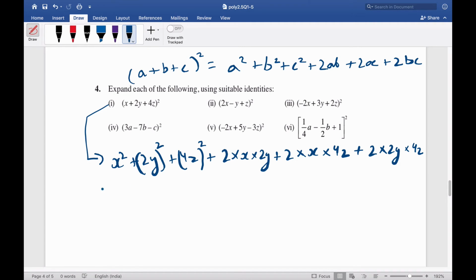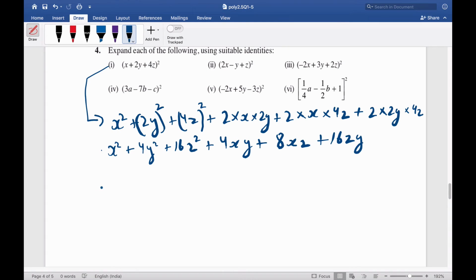So let's solve it. We will get x square plus 4y square plus 16z square plus 4xy plus 2 into 4 is 8xz plus 16zy.